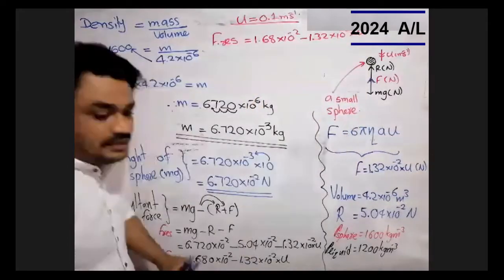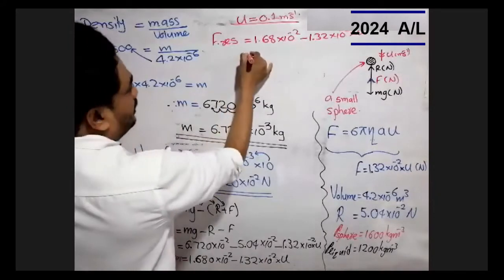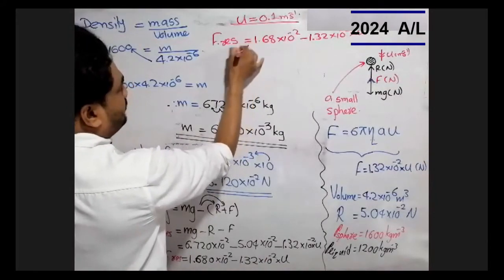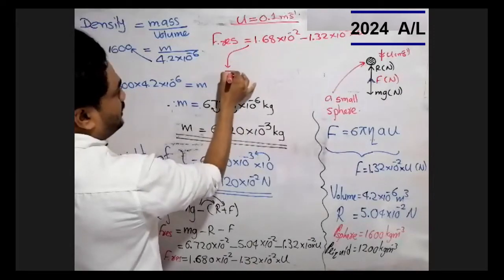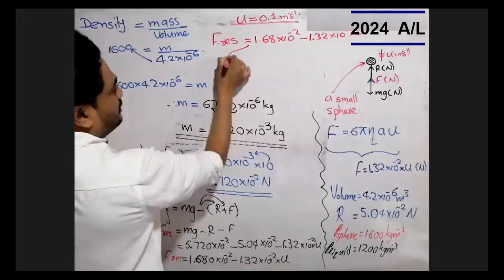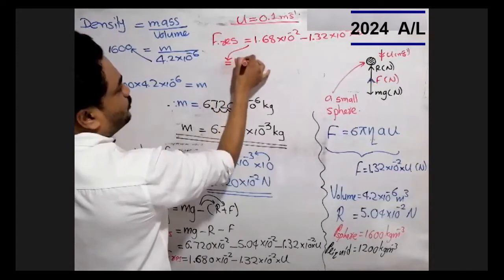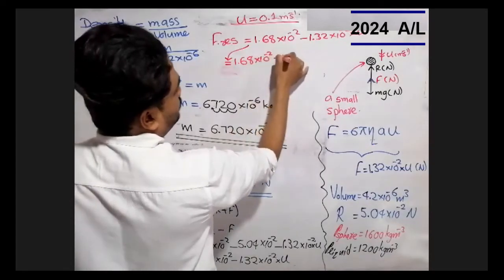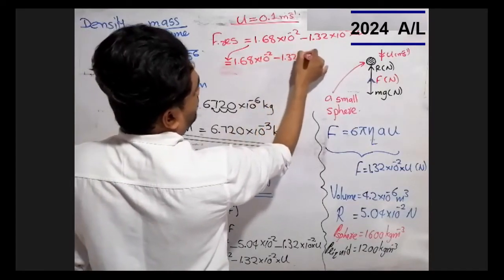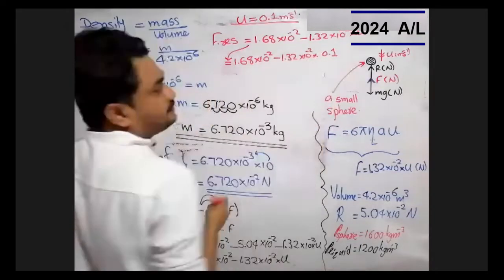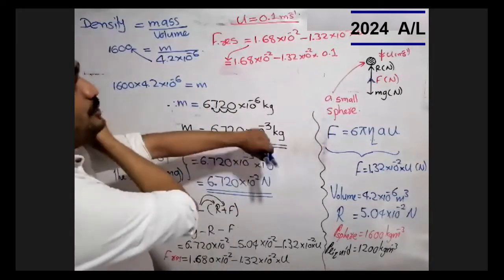If we check this equation, these values are given. Let me put the equation mark here to save some space. 1.68 into 10 to the power minus 2 minus 1.32 into 10 to the power minus 2. Now u is 0.1.